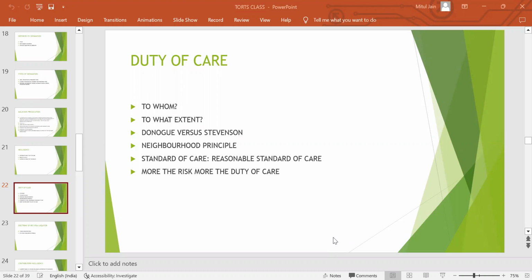Yes, Komal? Company will be liable for that, Komal. Why company would be liable?